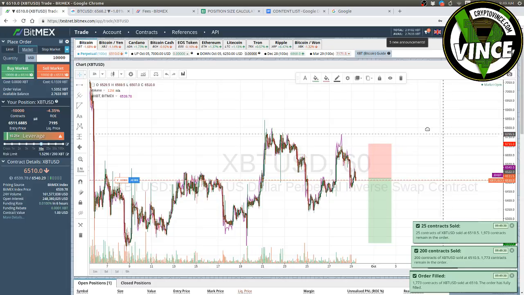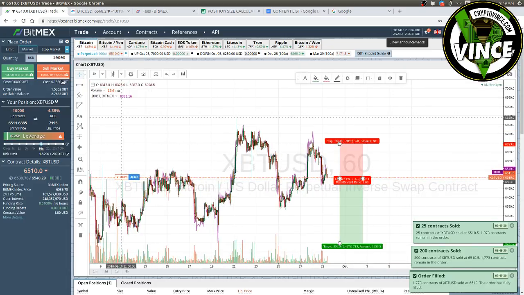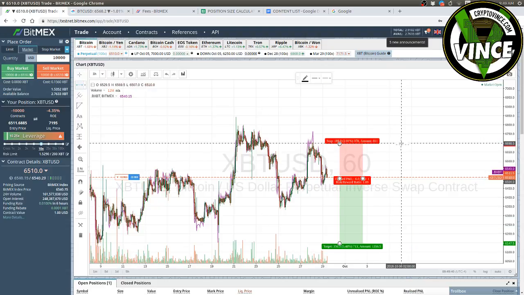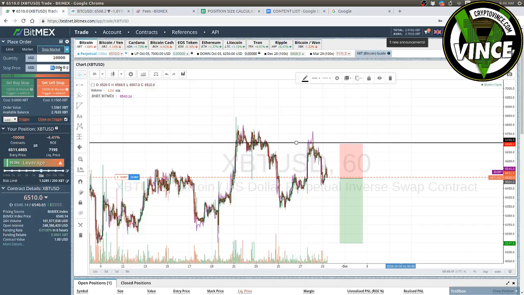So I bought my contracts right away, and now I want to put a stop loss at 6.7. So I go in my stop market, stop limit, I put 6.7, and you can see just the green button is available now, because you remember you sold, but you're in a short position.